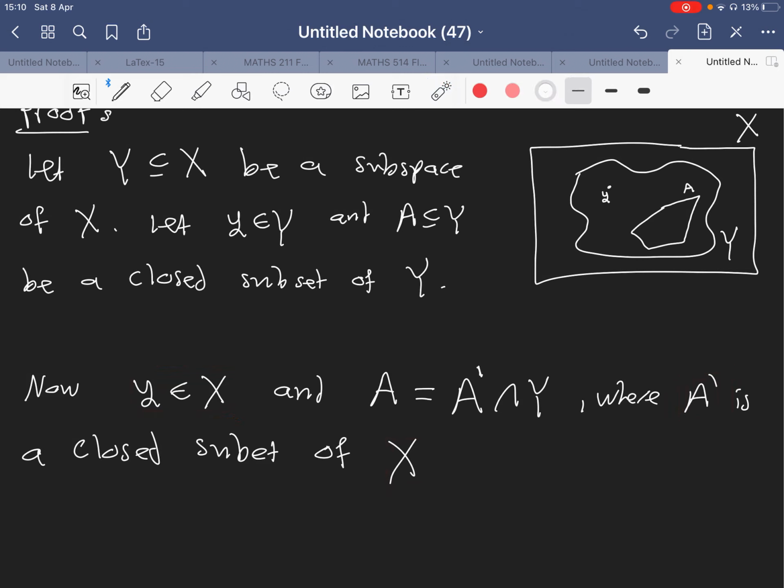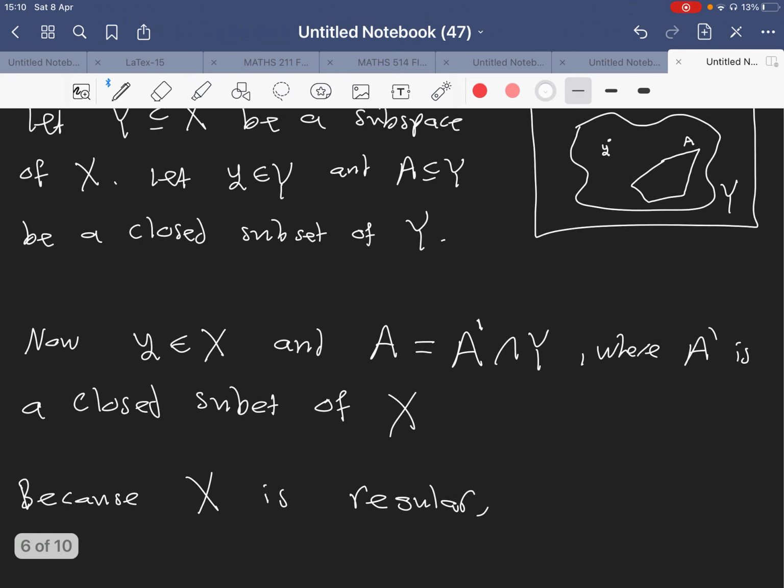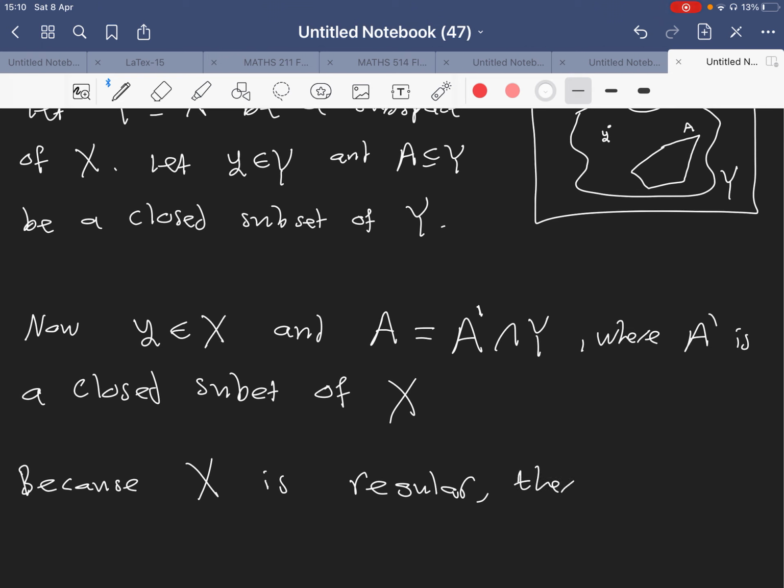Now, because X is regular, we find there exist two open sets.